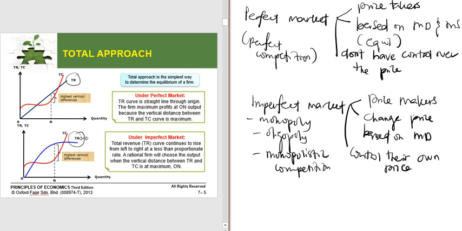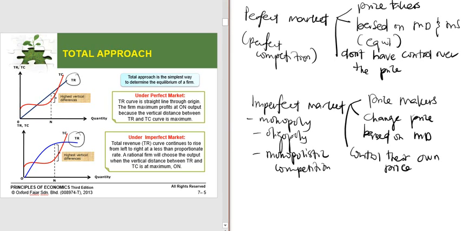Now we are going to determine how these firms from perfect market and imperfect market decide on the equilibrium level for the market or for the firm. To decide on the equilibrium level, you have to look at the main objective of a firm.